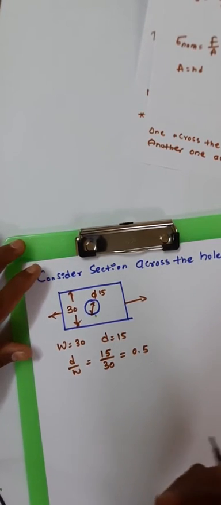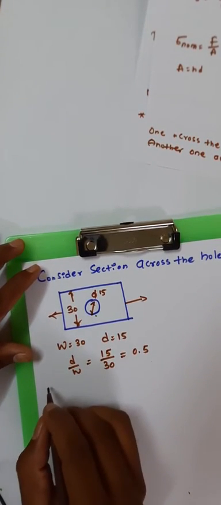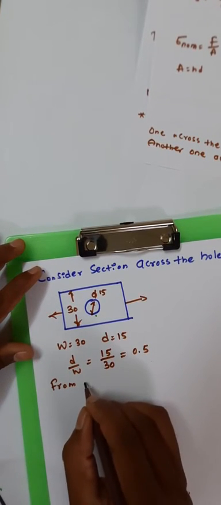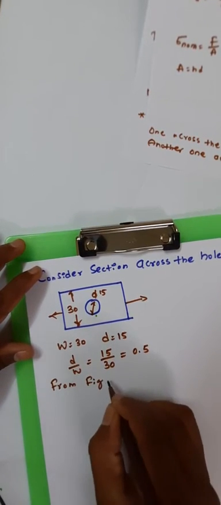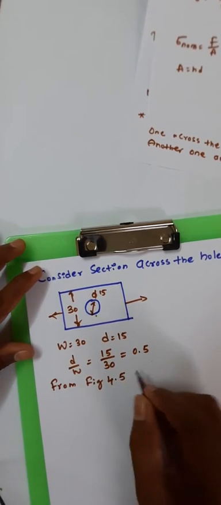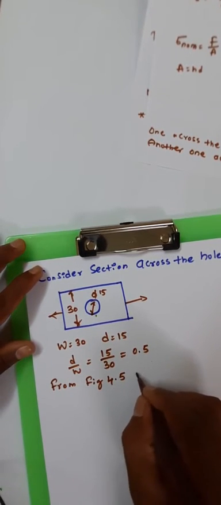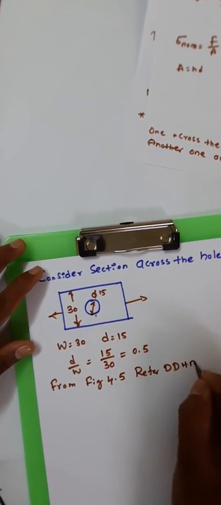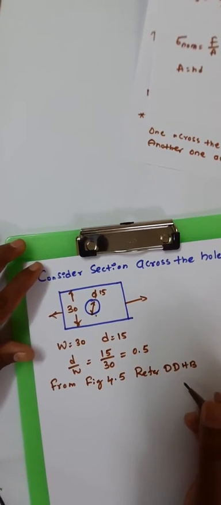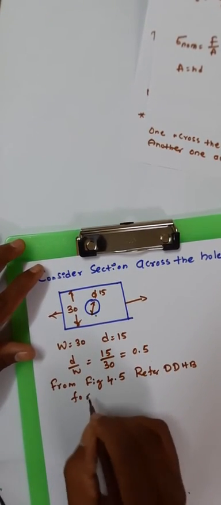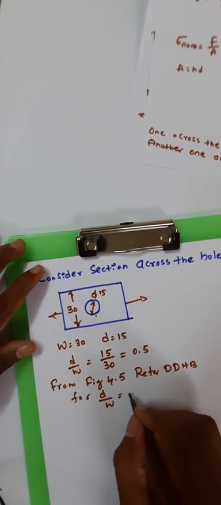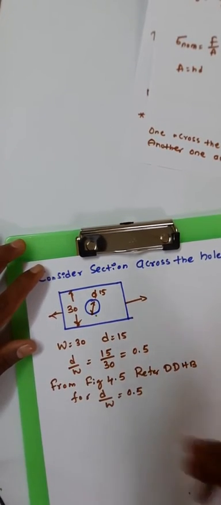From here, refer to figure number 4.5 in the design data handbook for a D by W ratio of 0.5.